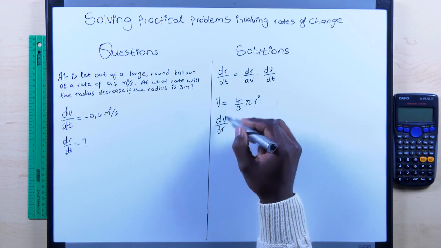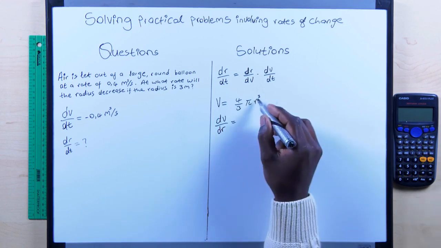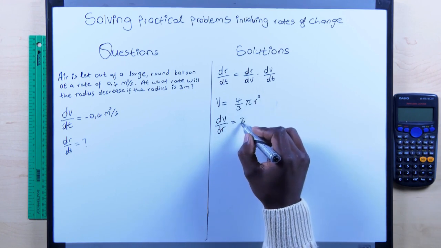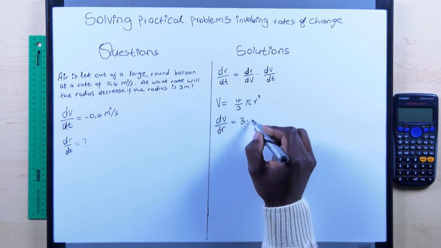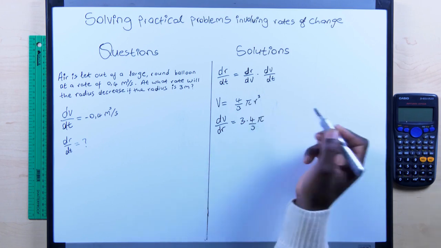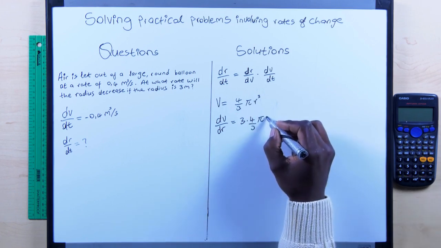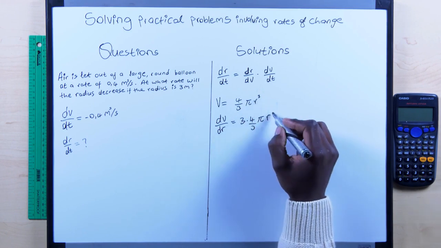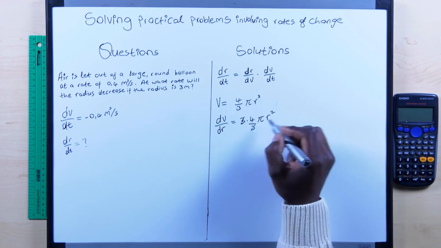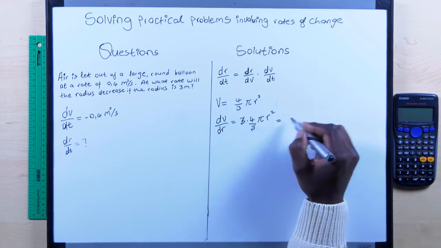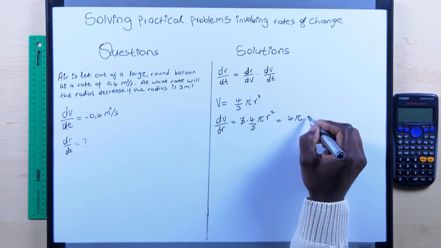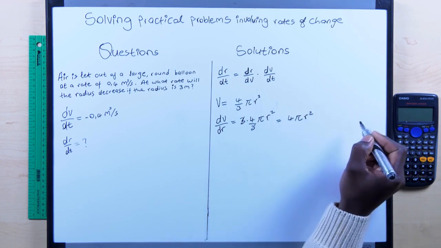Bringing the power down, 3 times the coefficient which already exists, 4 over 3. Pi is a constant. r to the power 3 minus 1, 2. We can see that 3 and 3 cancel each other. Therefore, dV/dr gives you 4 pi r squared.